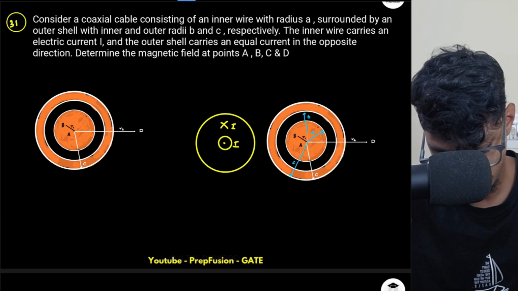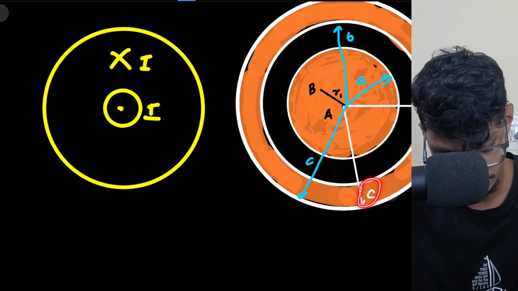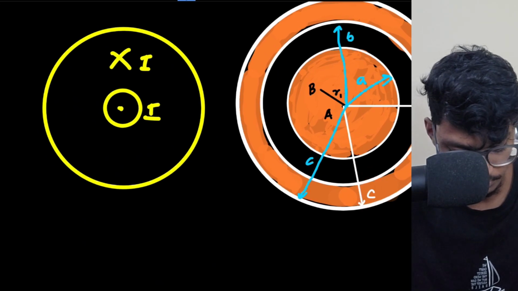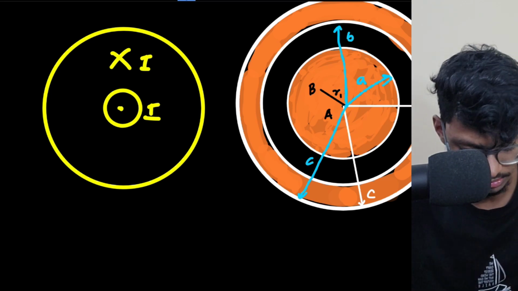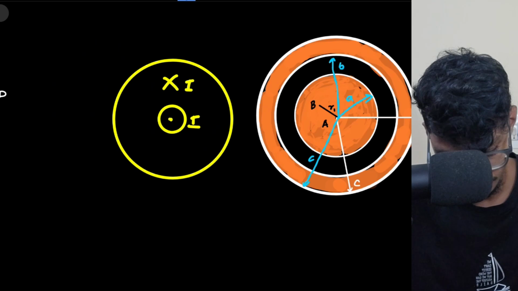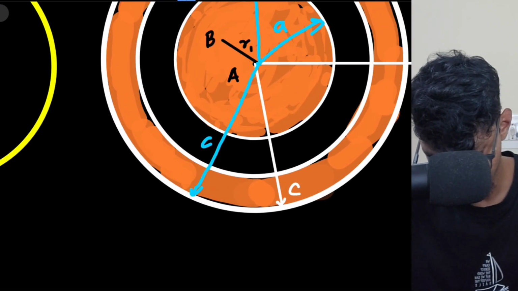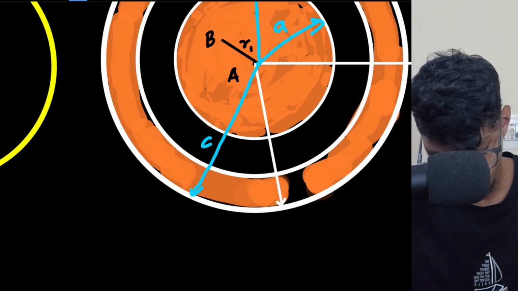Okay, I think somewhere I made a mistake, because this point C actually should not be here, it should be somewhere here. That is a mistake that I have made, because the result for this would be something else. Yeah, okay, that is the mistake. So here, this is not the C. I was thinking, where am I making the mistake?